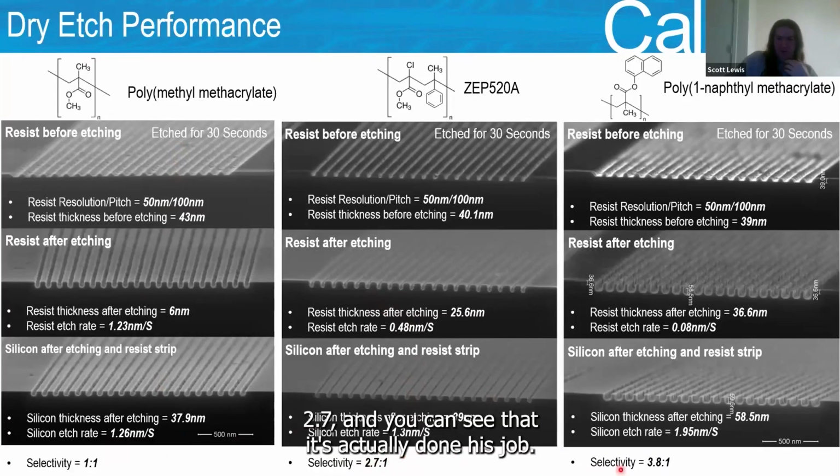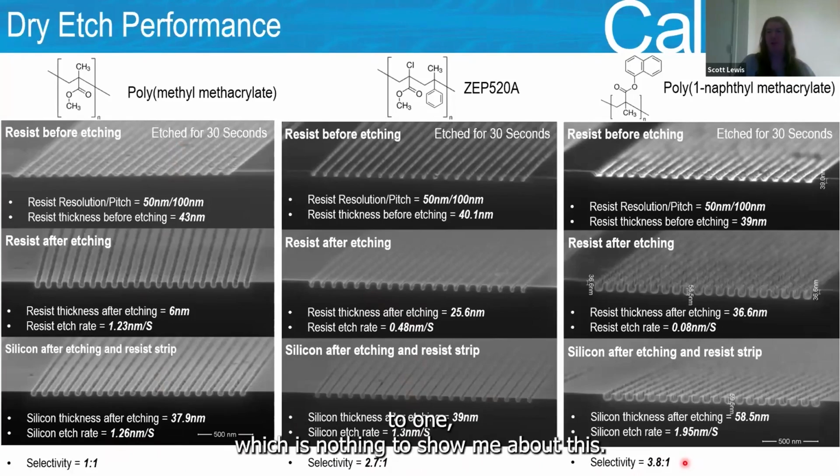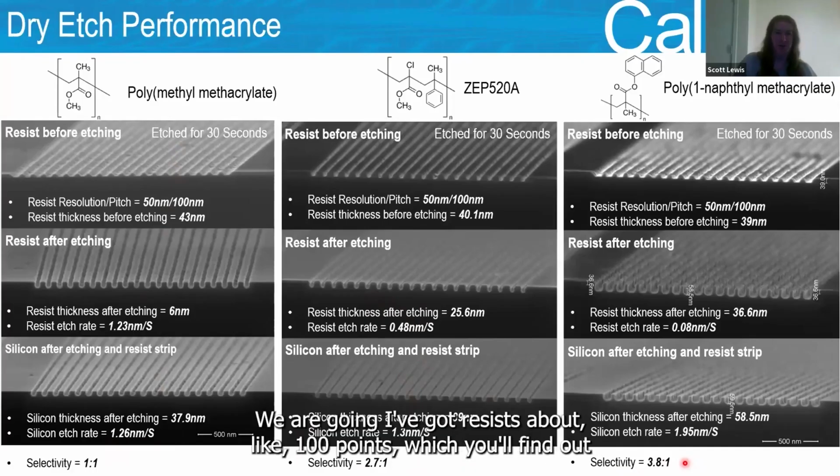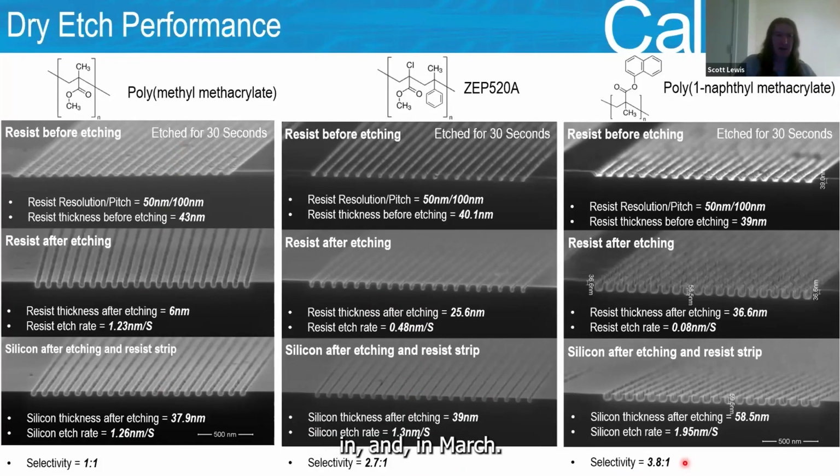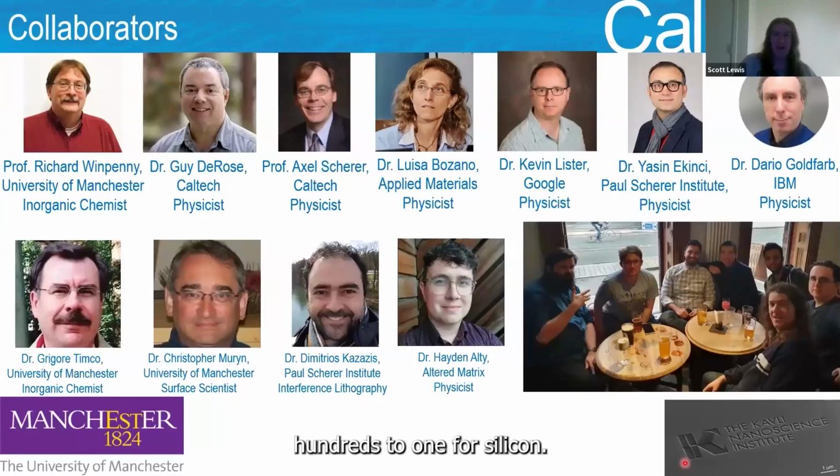We got 2.7, and you can see that it's actually done its job, and got 3.8 to 1, which is nothing to shout home about, to be fair. Guy and I have got resists that have got like hundreds, which you'll find out in March. We'll show you resists with dry etch selectivities that you can all try that are hundreds to 1 for silicon.